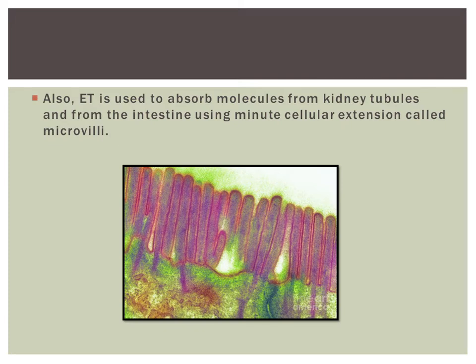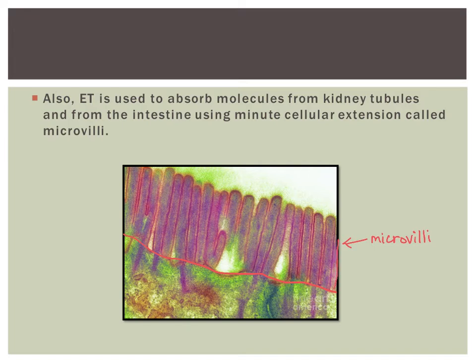Also, some epithelial tissue that is used to absorb molecules may have extensions called microvilli. And microvilli function to increase the absorptive surface area of the cell surface. So if this is the top of our cell surface, but if it was just flat like that, we don't have a lot of surface area.